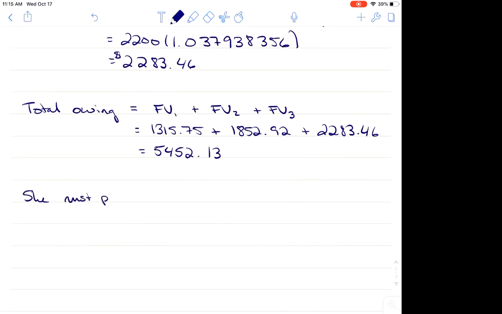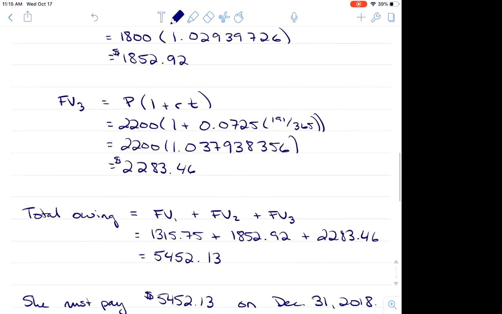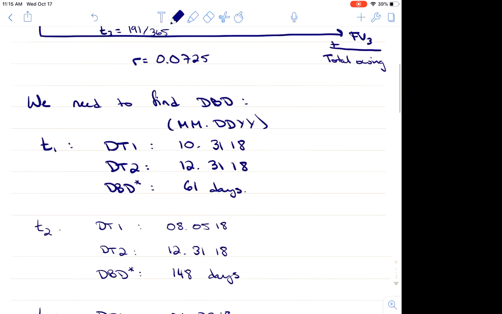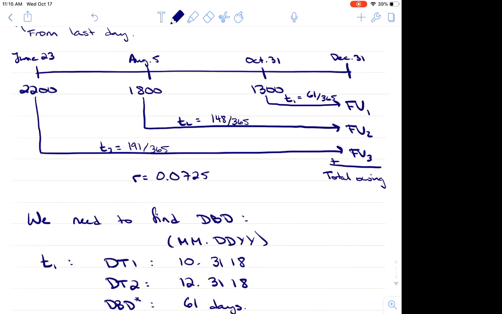She must pay $5,452.13 on December 31st. Which she borrowed how much? She borrowed 2,200 plus 1,800 plus 1,300.